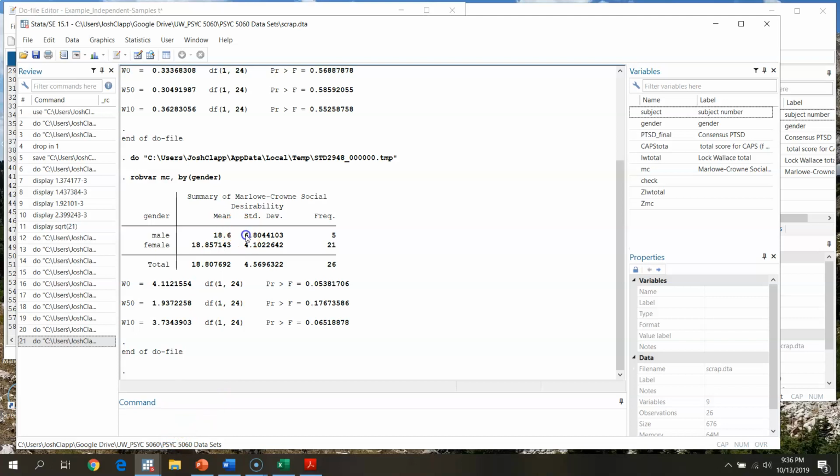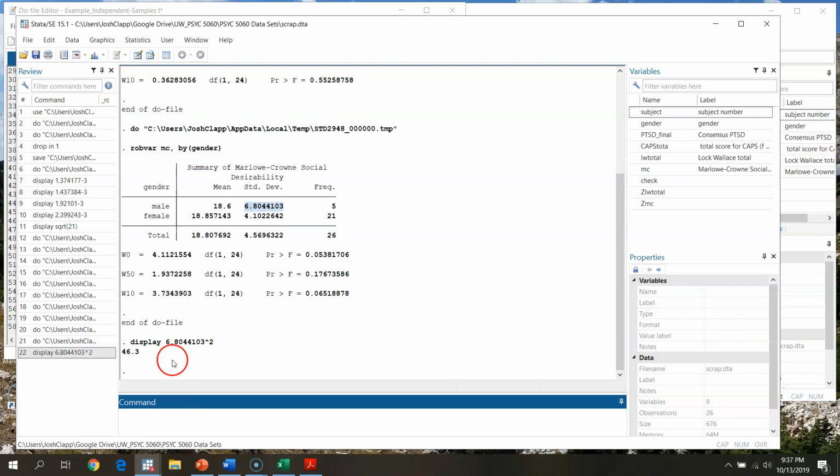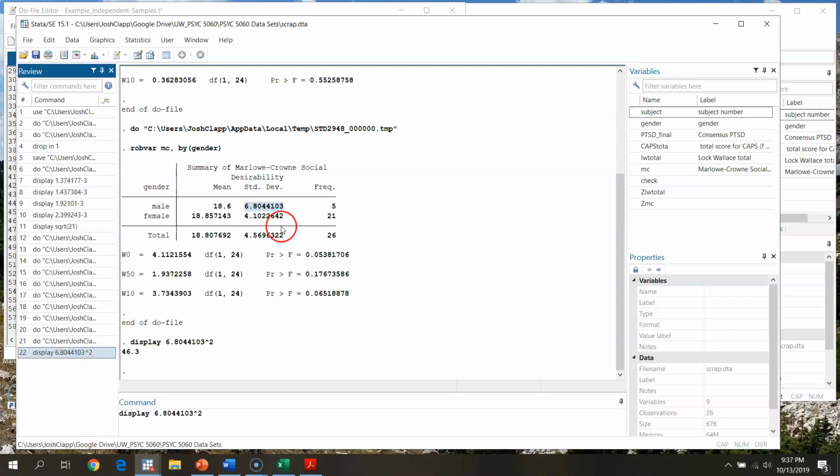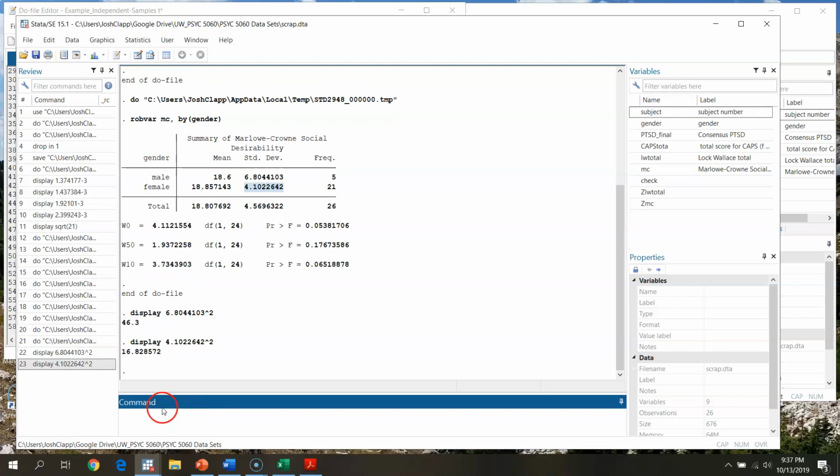If I go through and take a look here, and display, so this is my standard deviation, and if I square that, I've got a variance for men of 46.3. For women, my variance is going to be 16, right? And so that's a reasonable size difference.